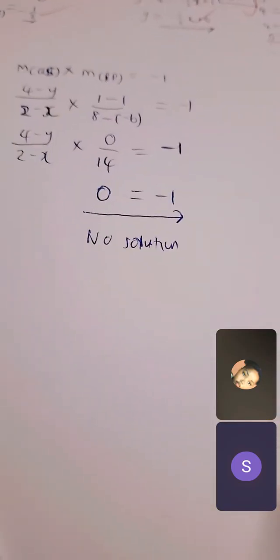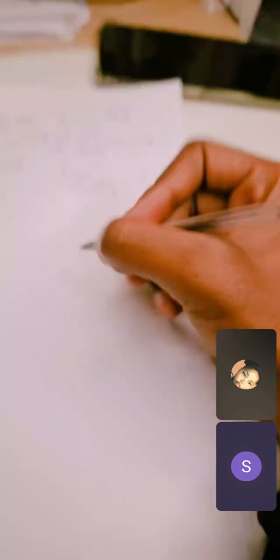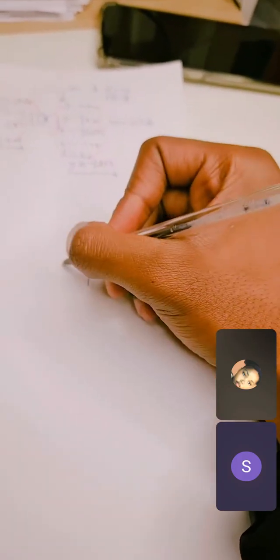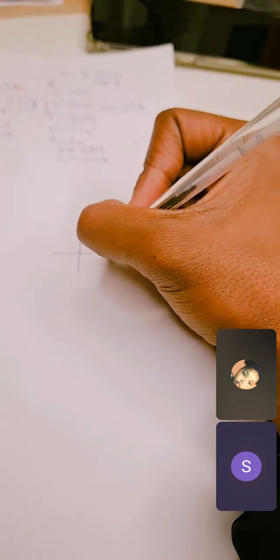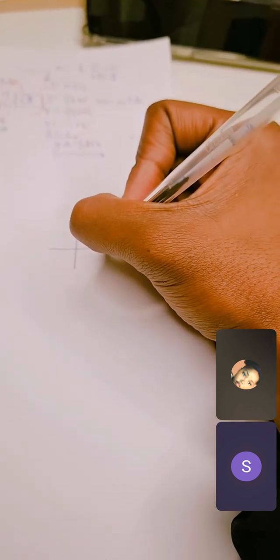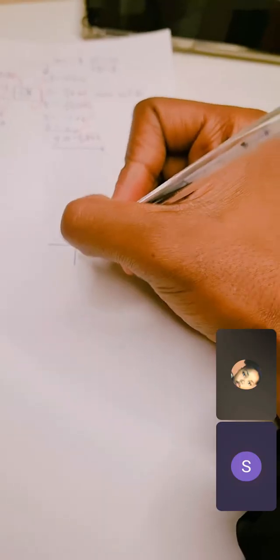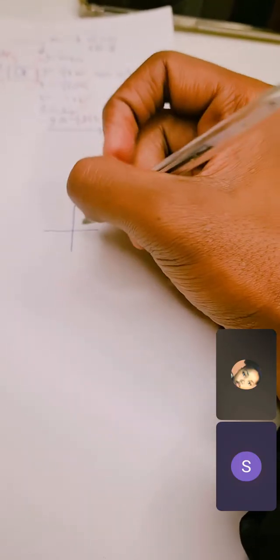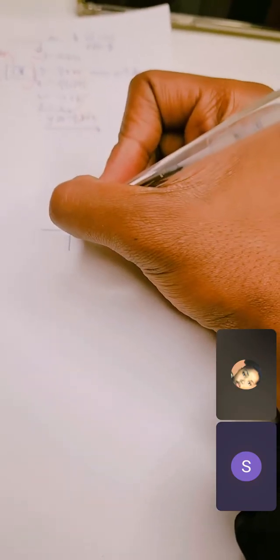So listen up, and I want you to listen well. If you have your y-axis and you have your x-axis, isn't your y-axis and your x-axis perpendicular?